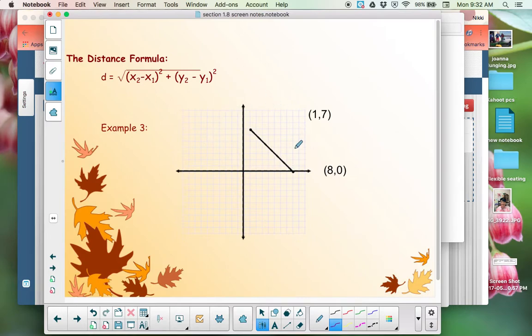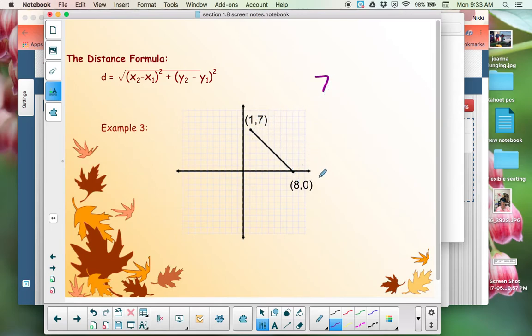If you're given a segment on the coordinate grid and asked to find the distance, you do exactly the same thing. The only difference is that you have to find the coordinates first. So if you find the coordinates of this one is 1, 7, this one is 8, 0, then that's what you'd use to plug in there. So you'd say, okay, the difference between my x values, the difference between 1 and 8 is 7.